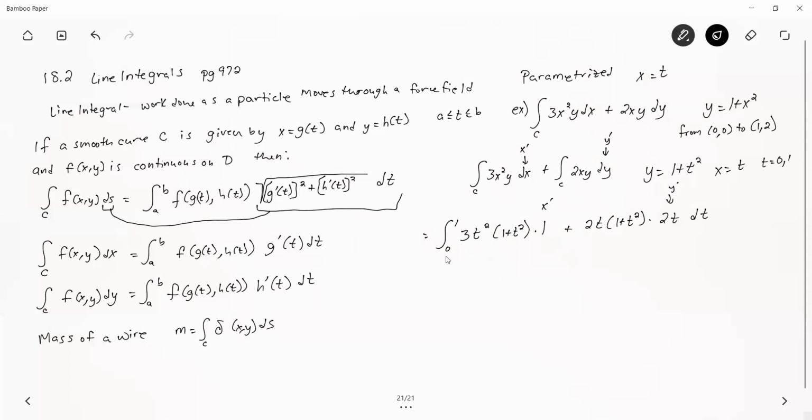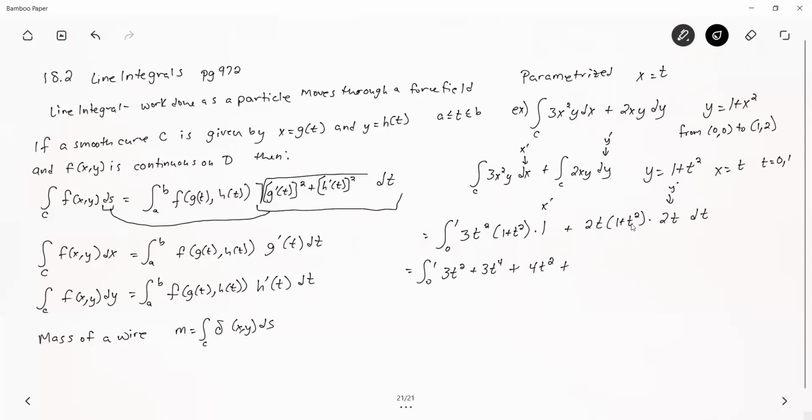All right, so this is the integral from 0 to 1 of, let's go ahead and multiply this out. 3t squared times 1 is 3t squared. 3t squared times t squared is 3t to the 4th. Now I have 2t times 1 times 2t, which is 4t squared.